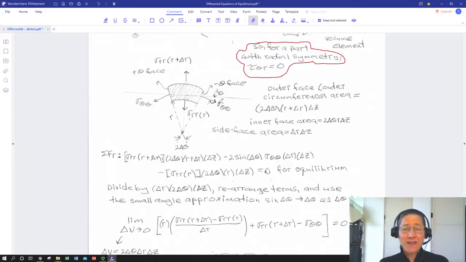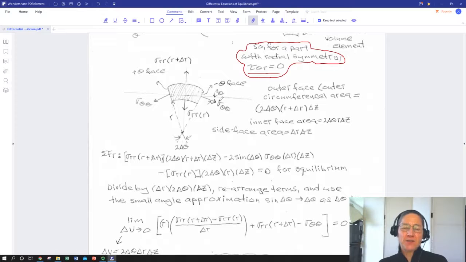So having concluded that, we're not doing anything parallel to these faces. We've just basically convinced ourselves that because that's true, this pretty much captures everything going on with respect to this volume element. And now we're looking at a slice of the volume element. Z is going back into the screen here. So we can define a sigma rr at this face, and this is at the r plus delta r, and a sigma rr at just the r face.